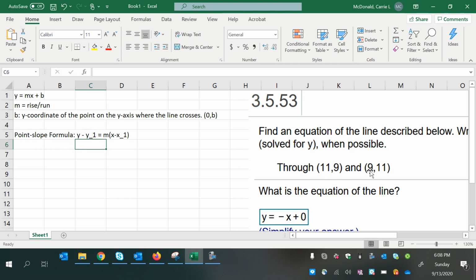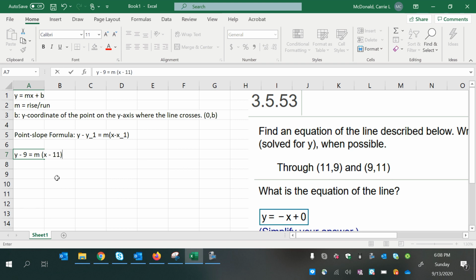So we can use either one of these points, and I guess we'll just use the first one mentioned, and we're going to do it y minus, the y value is 9, equals m times x minus the x value is 11.